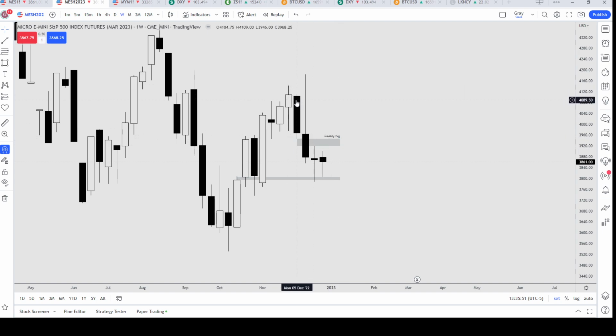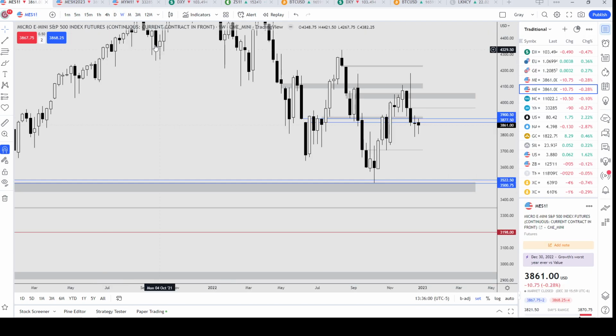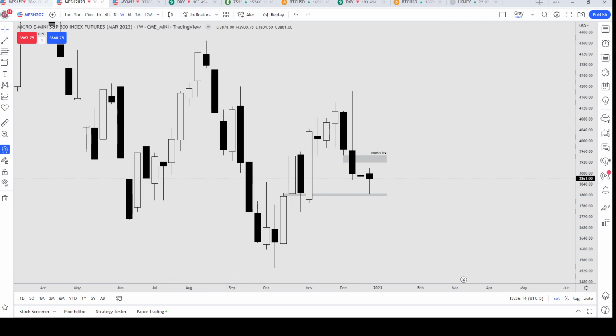It's formed by these 3 down candles, and swept the liquidity above this high here, even though it left this high untapped for this particular contract. If you go on to the main, it swept this high. So just keep in mind, there's a slight difference.